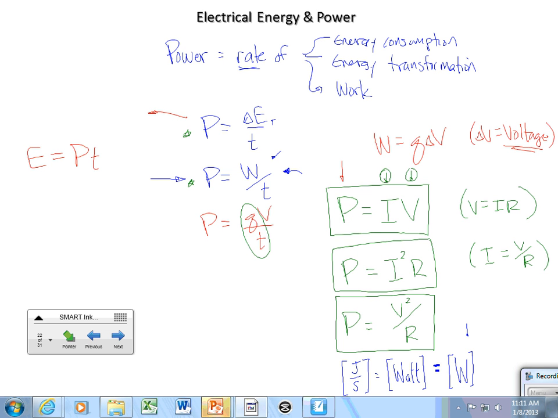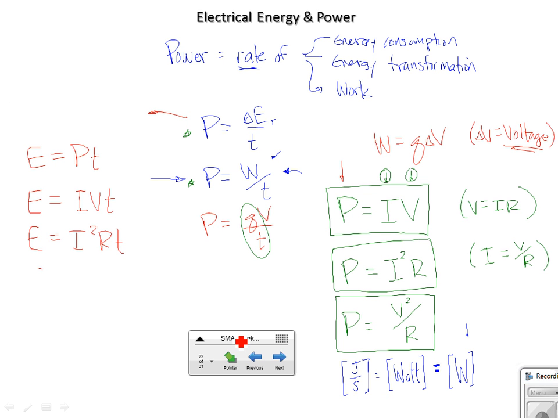All right, so this, of course, could be energy could be I V T. It could be I squared R T. It could be V squared over R times T. All right, as long as you know this one, and yes, these three, then you can get to all of these.